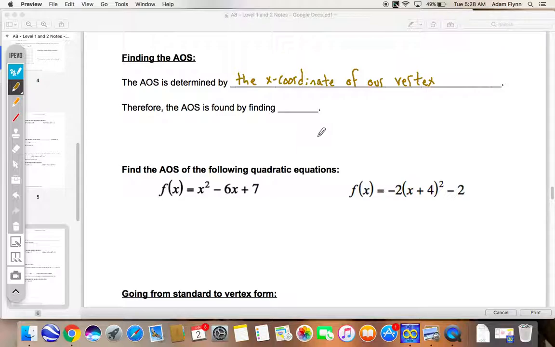If you take a look at any quadratic equation or any parabola, it can be shifted left, right, up, or down. The axis of symmetry is the vertical line that goes through our vertex. Therefore, the axis of symmetry is found by finding h, and writing it as a line, or the equation of the vertical line.